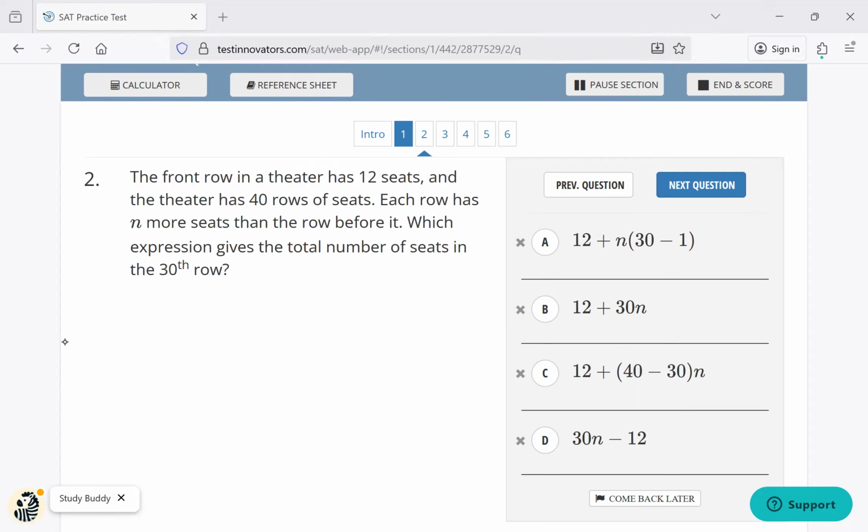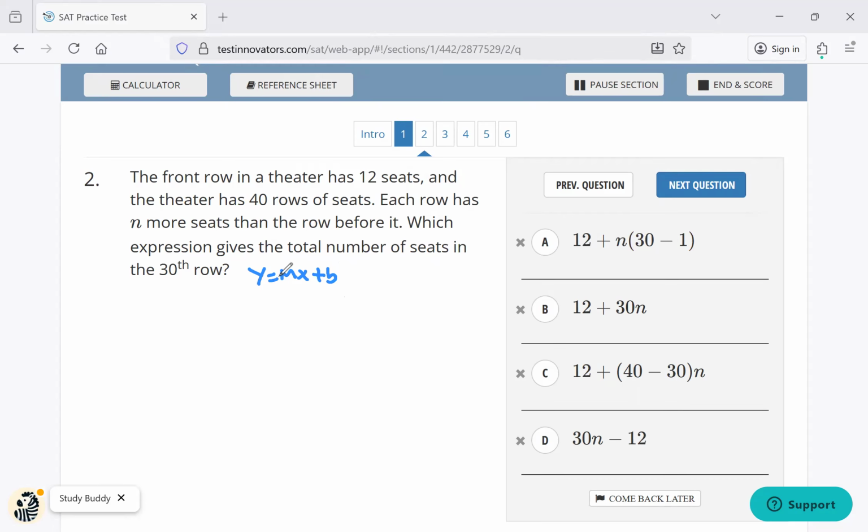So this is a linear equation, and when we're dealing with a linear equation, we usually put it in the form of y equals mx plus b, right? So what would be our b, what would be our m, and what would be our y?